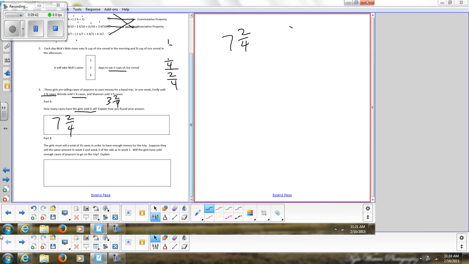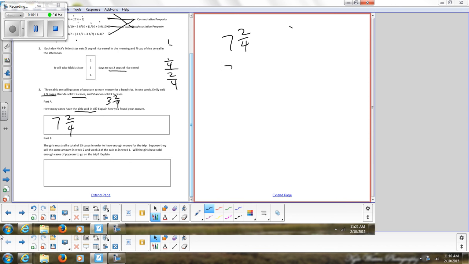I'm going to add it up until I get to 35? You're going to add it until it's a whole. Nope. Take 7 and 2/4 and add it 2 more times.